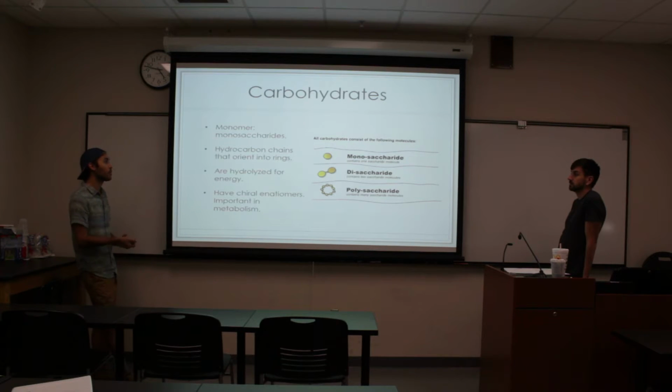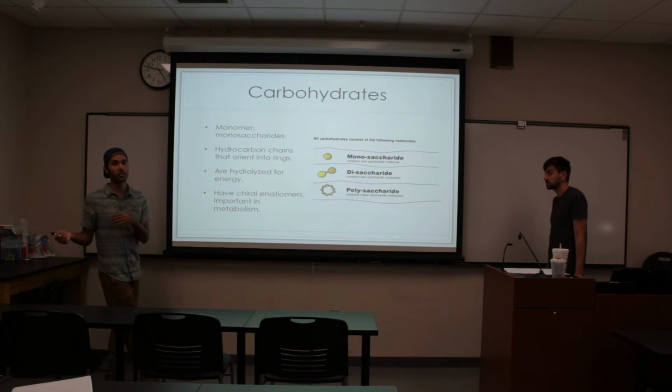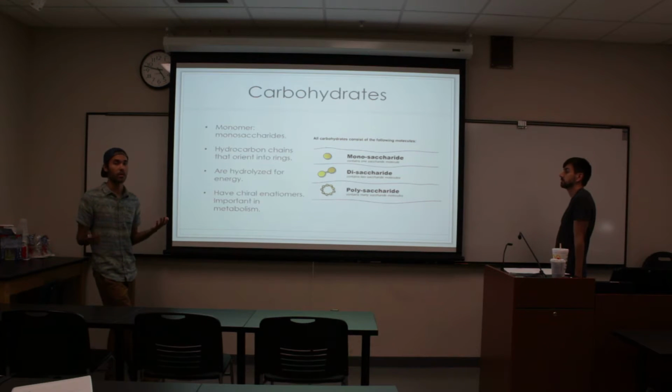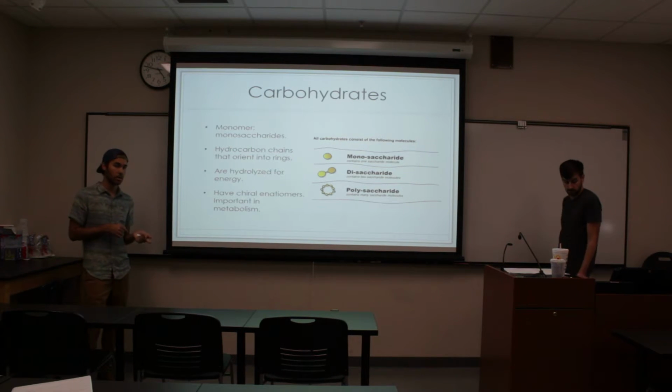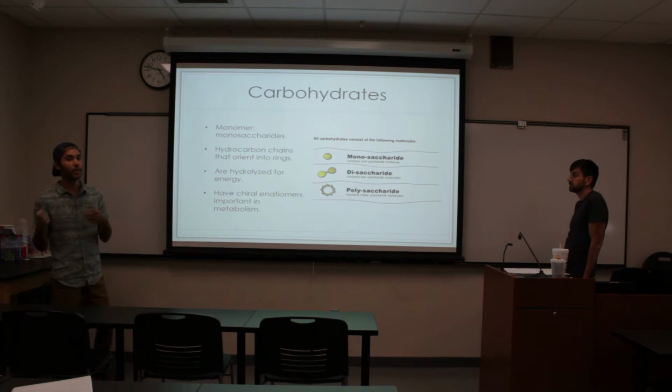They're hydrocarbon chains that orient themselves into rings, most often seen in biological systems as hexoses or pentoses, because those are the most sterically stable. They are hydrolyzed in the body through metabolism for energy by the breaking of their bonds. And they have chiral centers and enantiomers that are important to metabolism, and they're used by enzymes.